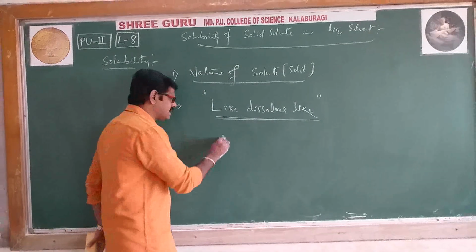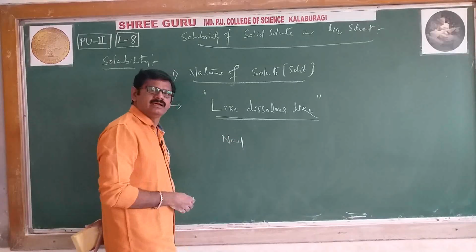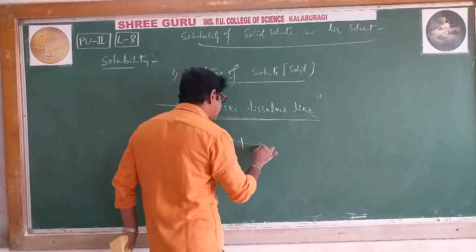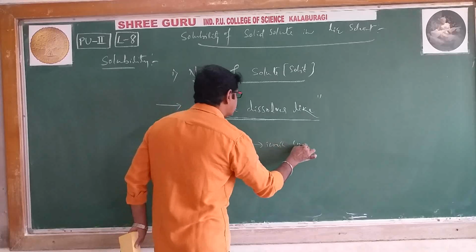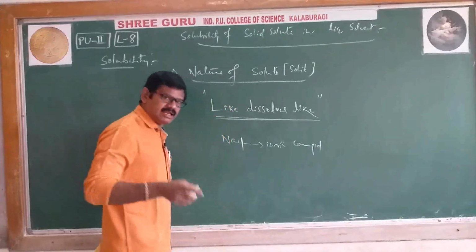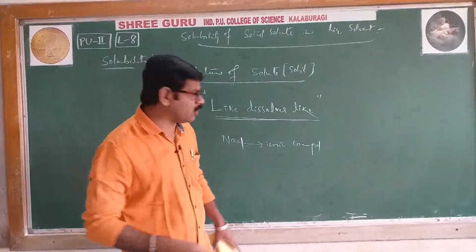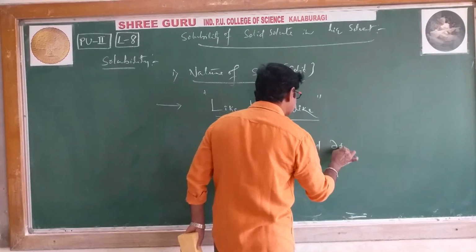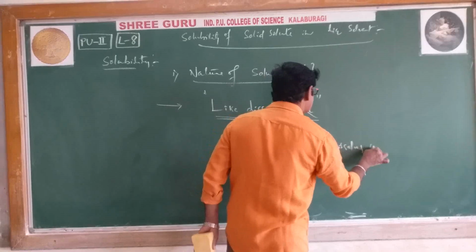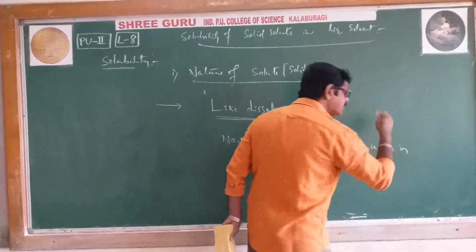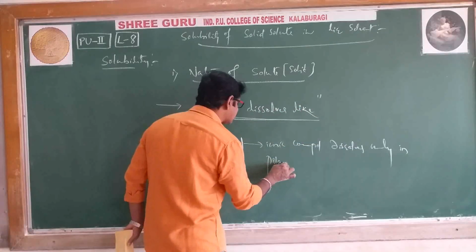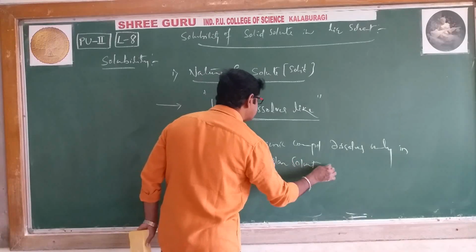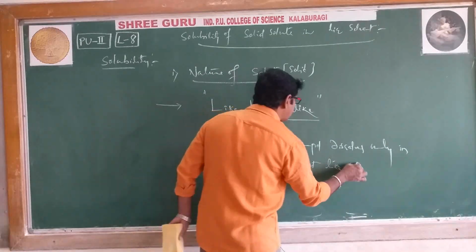Say any ionic compound, suppose sodium chloride. Sodium chloride is an ionic compound. Remember, an ionic compound dissolves more only in a polar solvent like water.